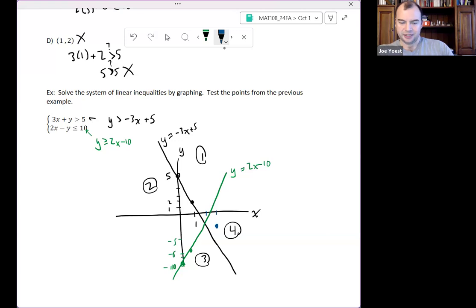Yeah, my picture is off by a little bit.